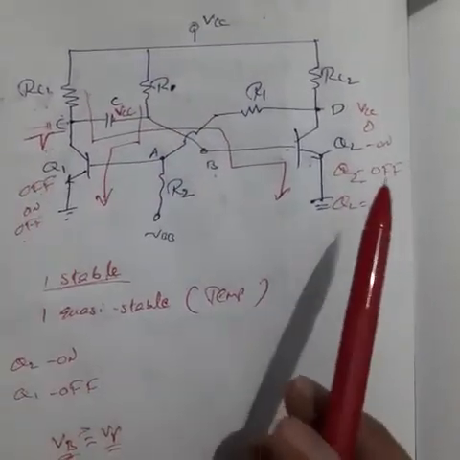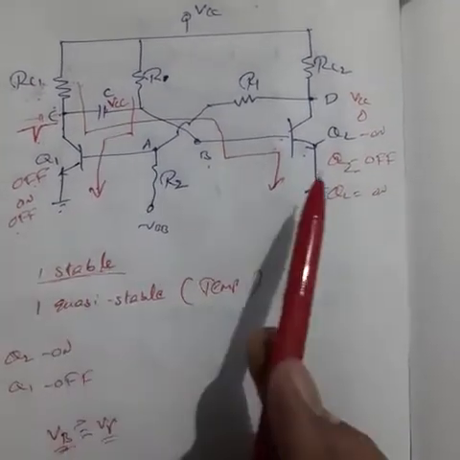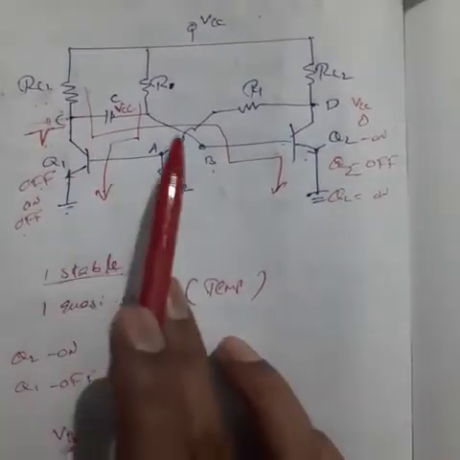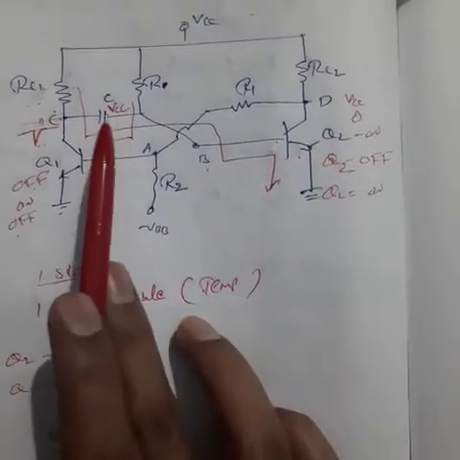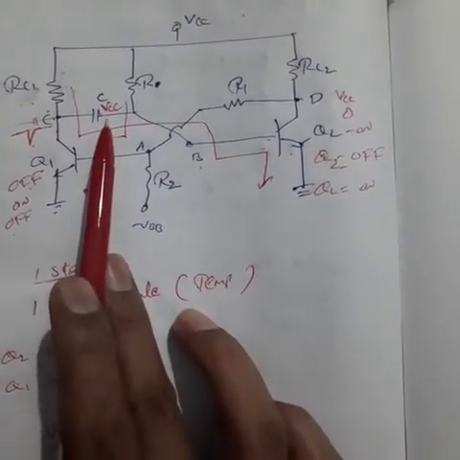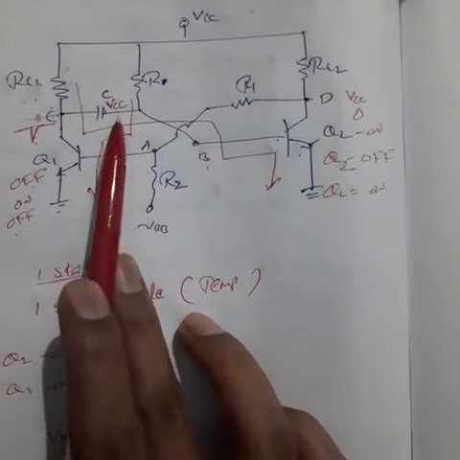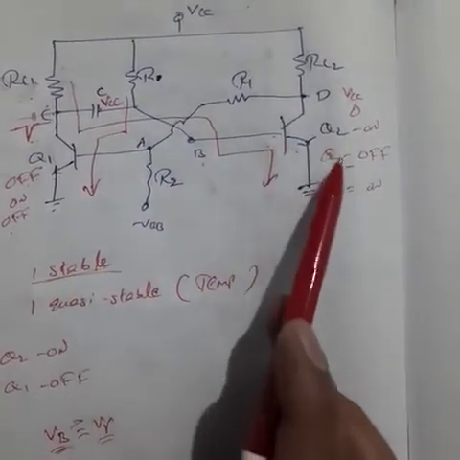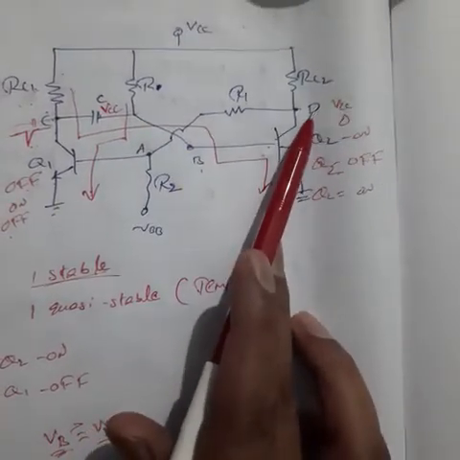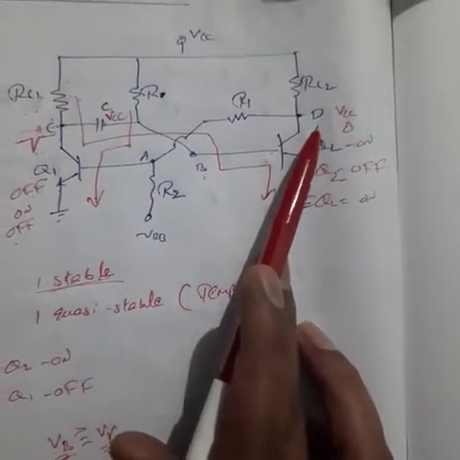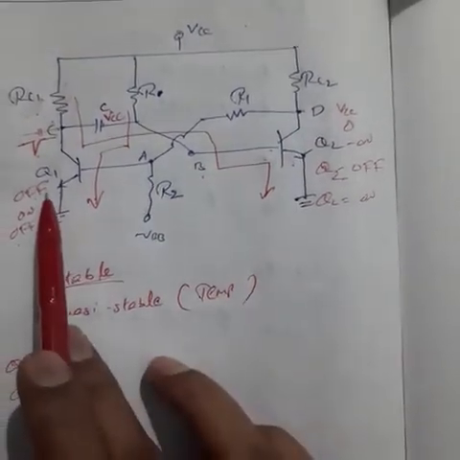With initial conditions, let us assume Q2 on, Q1 off. With Q2 on, the capacitor starts charging in this way, up to the maximum voltage VCC. Next, since Q2 is on, the output of Q2 is 0, and this 0 is applied so Q1 becomes off.